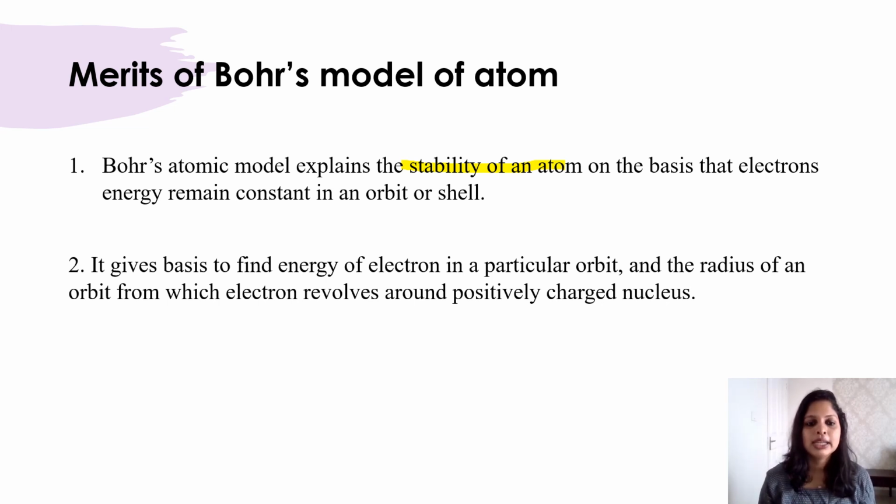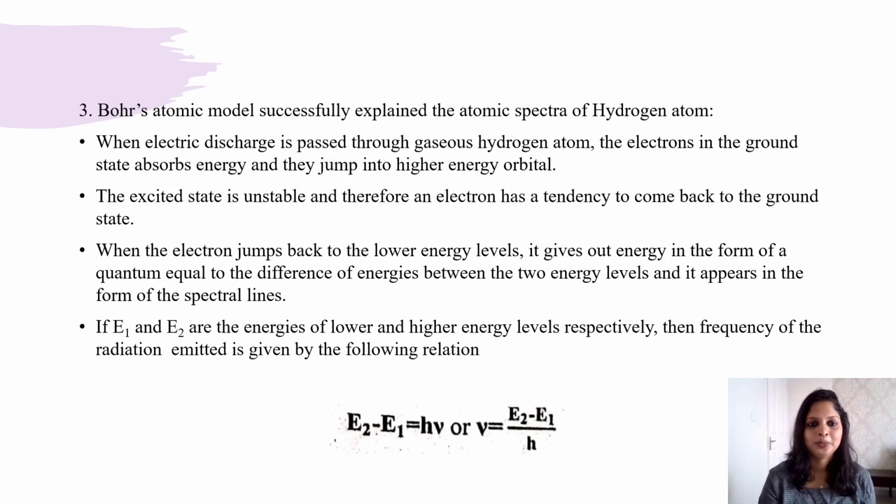The second one is that it gives a basis to find the energy of an electron in a particular orbit, and you can also find the radius of an orbit. These are all possible with Bohr's atom model.